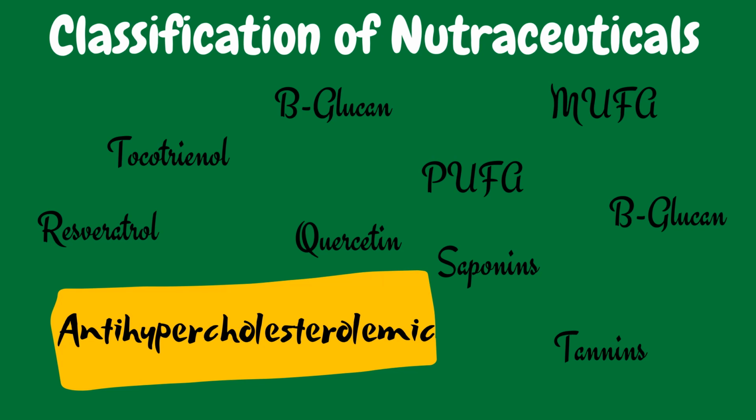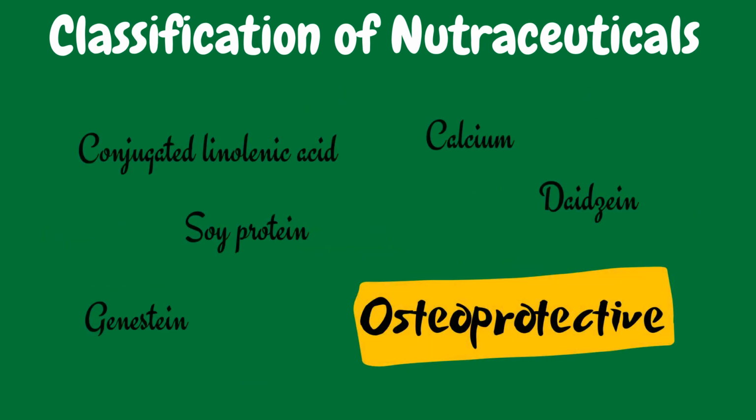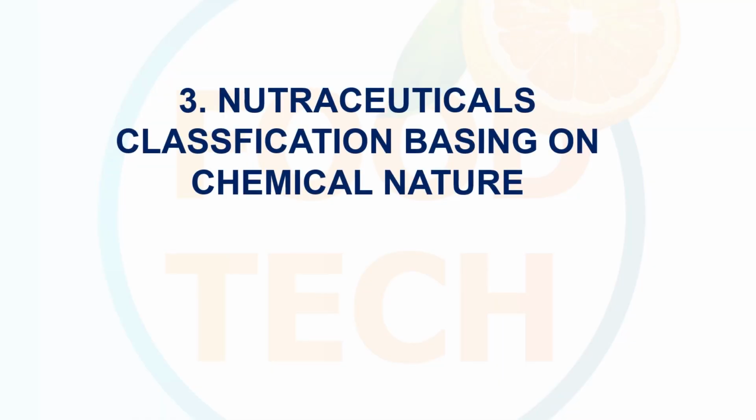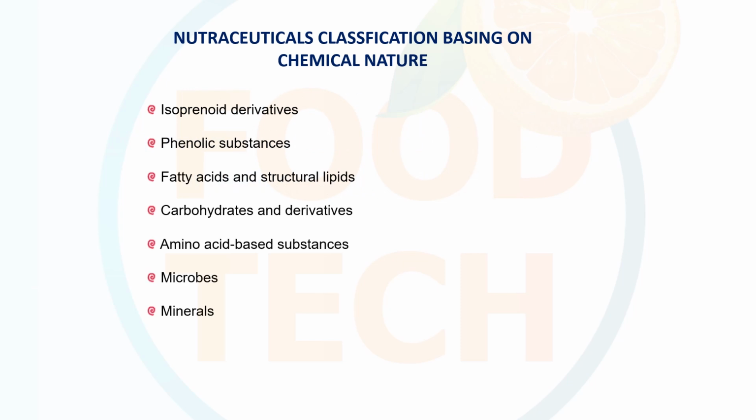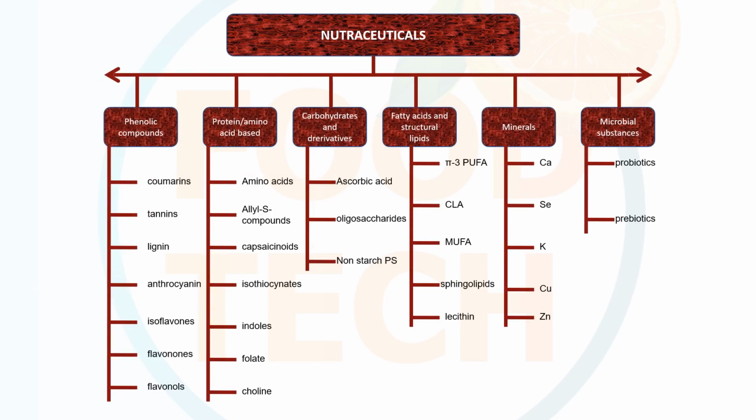So these are osteoprotective. That means they help you to strengthen your bones. And calcium is a good source of that. And based on the chemical nature, again it is phenolic substance, carbohydrate derivative, isoprenoid derivative, microbes, minerals, etc. So these are the chemical nutrients, and you can go through it.